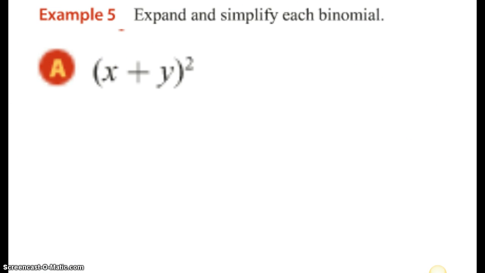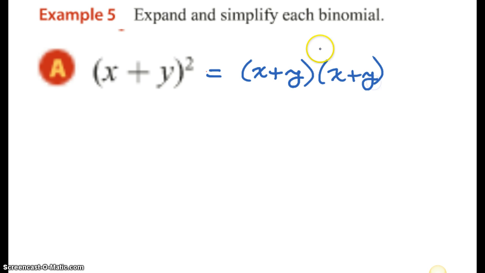Okay, so expanding and simplifying this binomial, let's change colors here. We know that this is x plus y times x plus y, because it's the quantity x plus y squared. What are we going to do with that? We're going to use the FOIL method. Don't make the mistake of just doing x squared plus y squared.